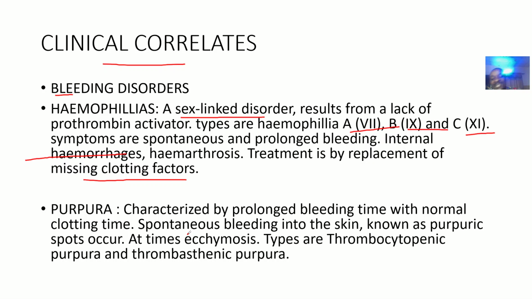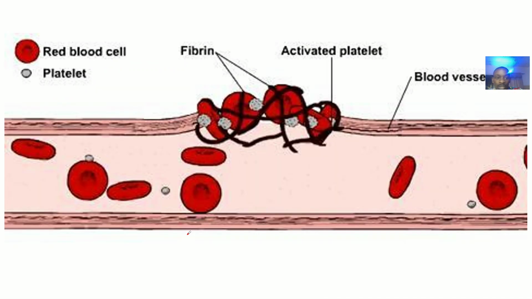Spontaneous bleeding into the skin, known as purpuric spots, occurs. At times there might be ecchymosis. Types of purpura are thrombocytopenic purpura and thrombasthenic purpura. So that's it.